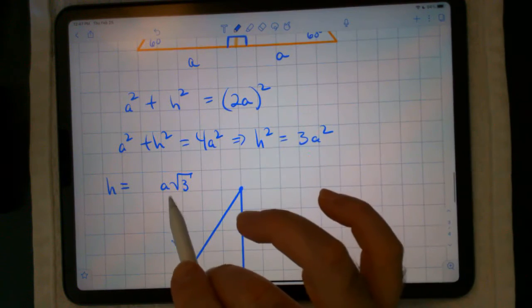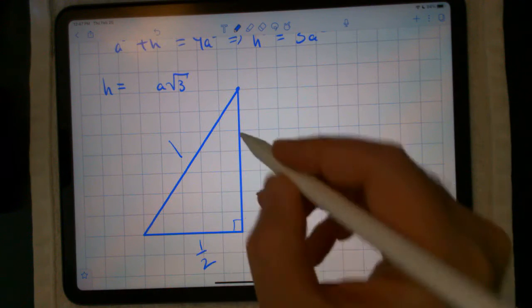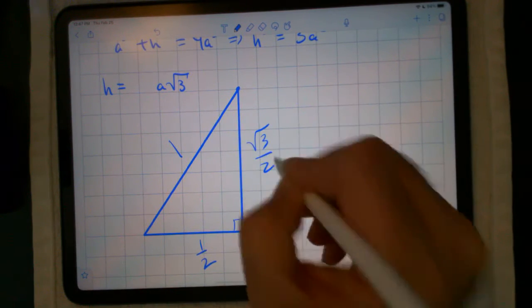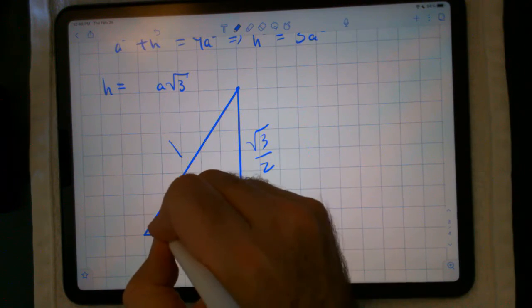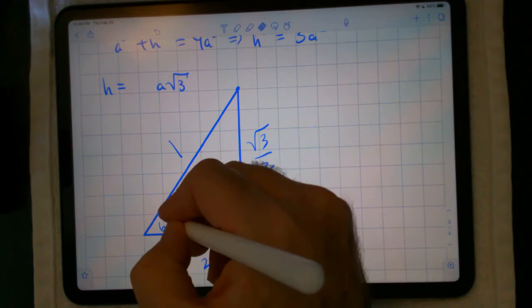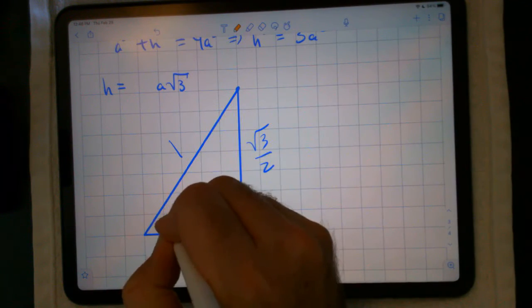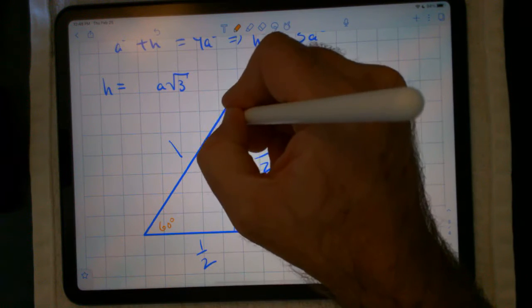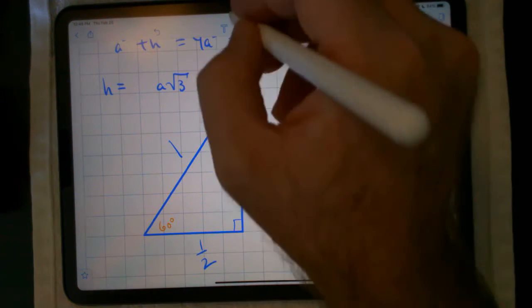And the height is the base times radical 3. You have root 3 over 2. And this happens on your 30, 60, 90 triangle. So this would be 60 degrees, this would be 30 degrees, and then we have our 90-degree angle over here at the edge.